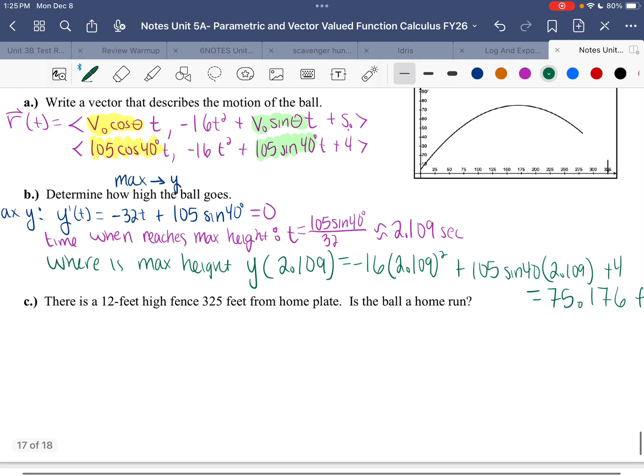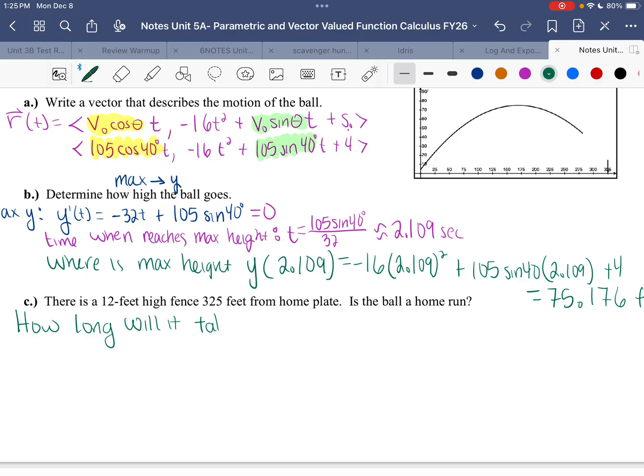So we have to figure out how long it will take this hit to travel 325 feet. You're trying to travel horizontally 325 feet in the x.